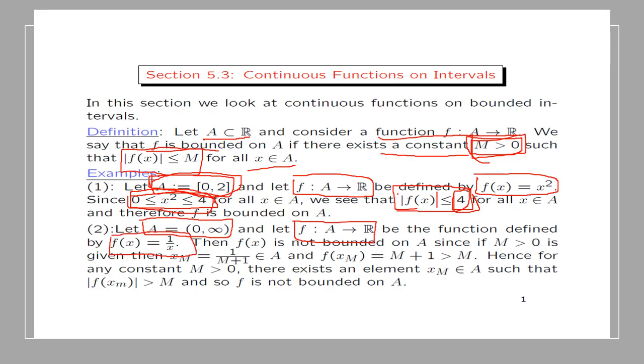Then we claim that this function f is not bounded on A. The reason is that if we pick any constant m bigger than 0, and we set xm to be 1 over m plus 1, then clearly xm belongs to A, since xm is a constant bigger than 0.